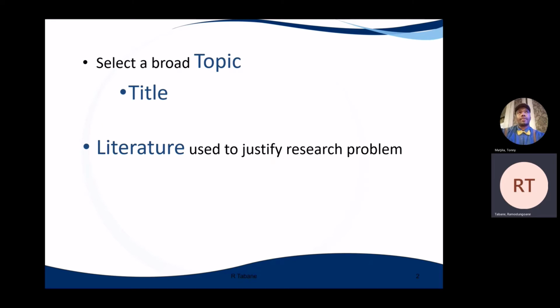You see now, there's a difference between the broad topic of effects of COVID in 2021 and the specific, the effects of COVID on high school learners. So you have now identified your population, you have identified the focus of your study. So that's where the title and the topic differ. Topic is broad, title comes from your topic. And of course, we will use literature to help us to justify our research problem.